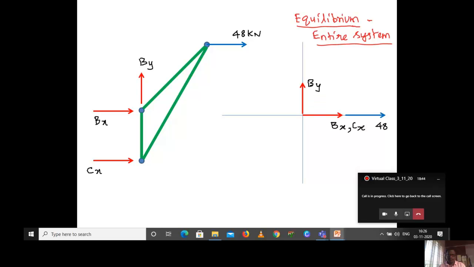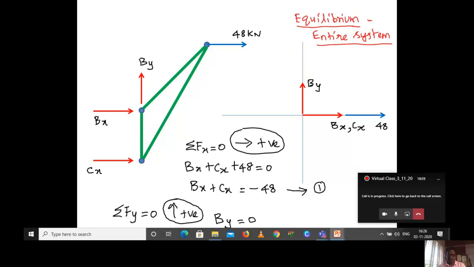Based on this particular consideration of forces, if we calculate our equilibrium conditions, that is summation of horizontal force equal to 0 and summation of vertical force equal to 0, then for the first equation I am assuming that summation of horizontal force equal to 0. Why I am giving 0 is because we are assuming the structure is in equilibrium condition.